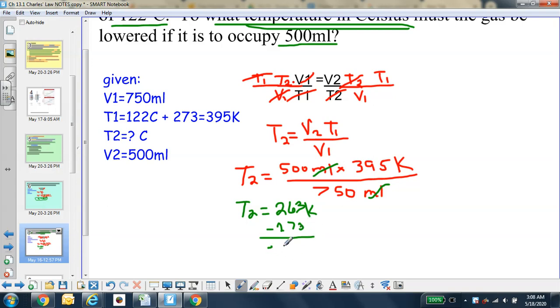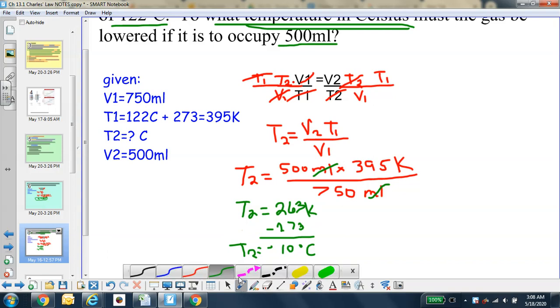So that gives me negative 10 degrees Celsius. And that is the answer that I am after. Negative 10 degrees Celsius.